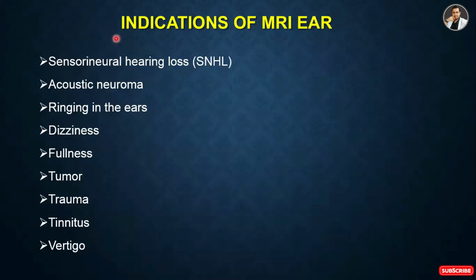The ear MRI can be performed for different things. The indication is sensorineural hearing loss.